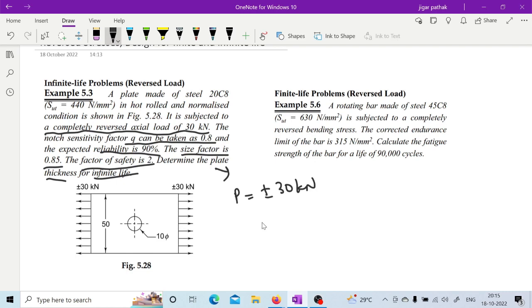Then SUT is given as 440 Newton per mm square, then reliability is given as 90%, then Q is given as 0.8, and this Kb is mentioned as 0.85, right? Yes.